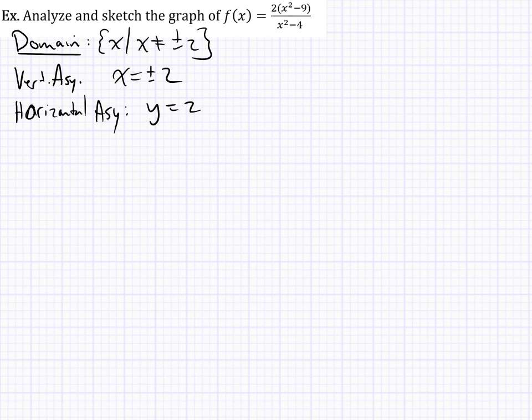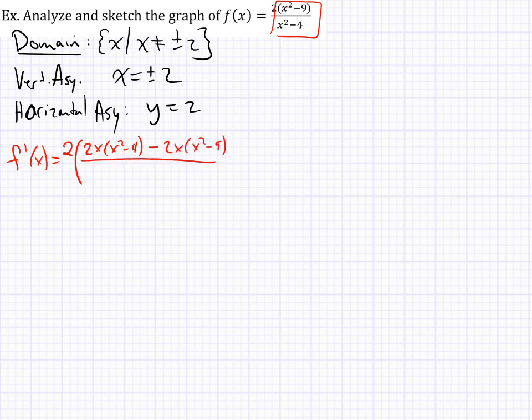If we found the first derivative for this function, that's pretty easy. The 2 is a constant multiple, so I'm going to take that out, and I'm going to look at this function here and do the quotient rule. So 2x times x squared minus 4 minus 2x times x squared minus 9, all over x squared minus 4, squared.